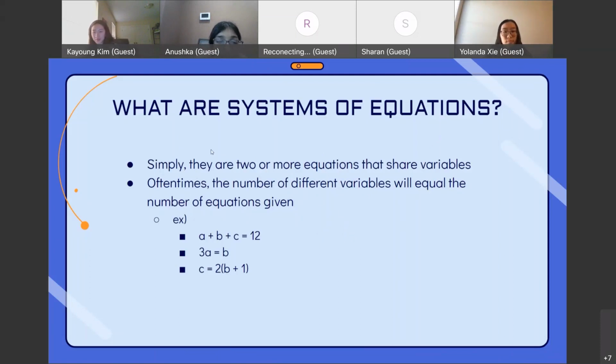Oftentimes the number of different variables will equal the number of equations given. So for example, in this one, I have three equations and I have A, B, and C. Those are my three variables. These variables are being shared in the three different equations, and there are three equations and three variables. Just a thing to notice.